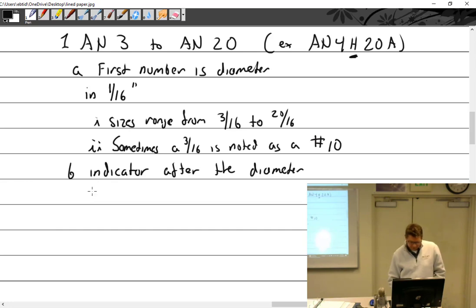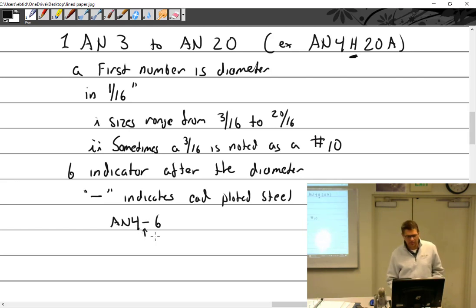So, a dash, just use a dash, indicates cad plated steel. Cadmium, cad for short, plated. That's really your standard. So like an AN4-6, the dash right there, that's what I'm talking about. That's pretty much your standard. That's what you're going to see most of the time.